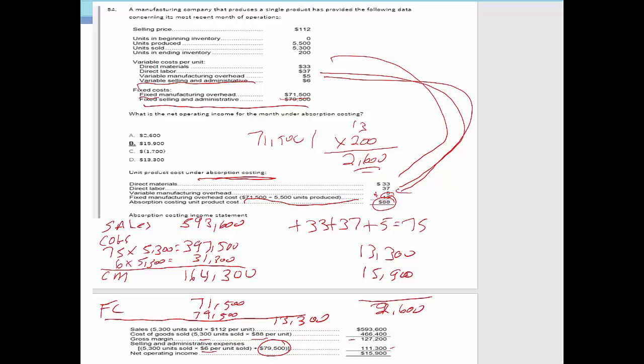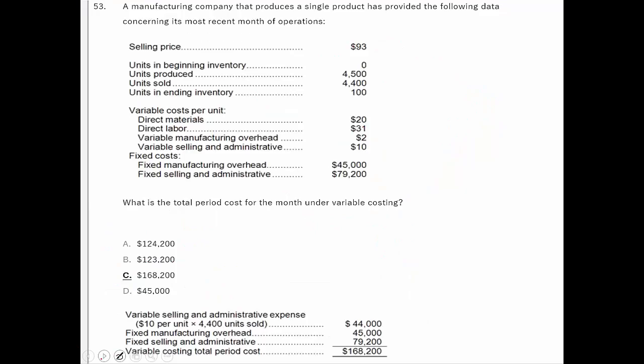We leave those on the balance sheet in finished goods, and some of those costs could be in work in progress, but just for ease sake, let's just pretend it's all in finished goods, right? Okay. Okay, good.